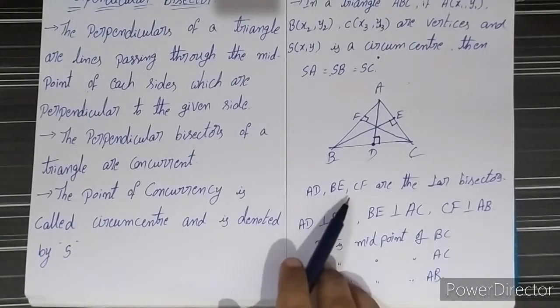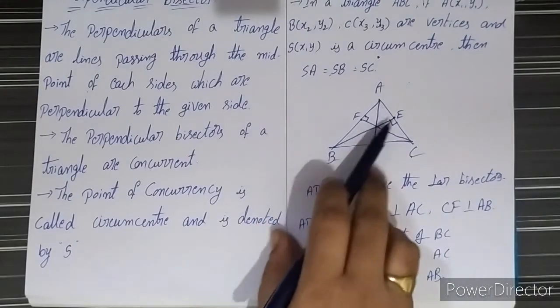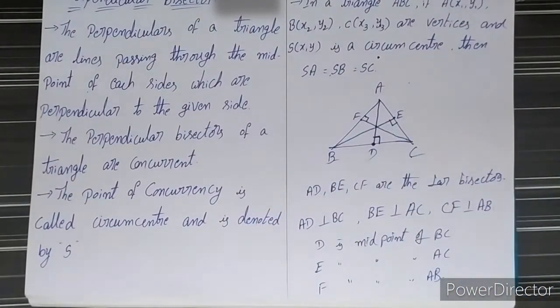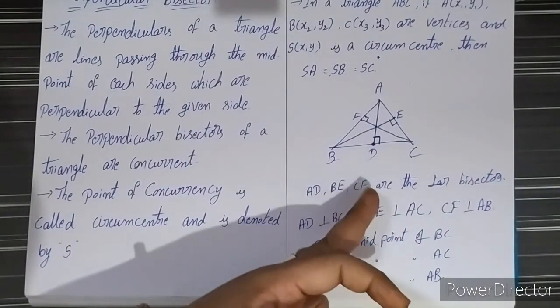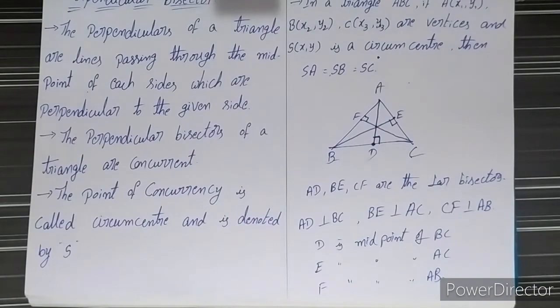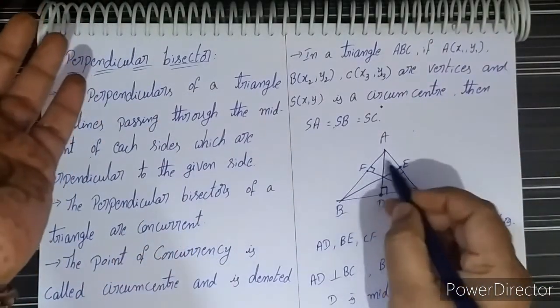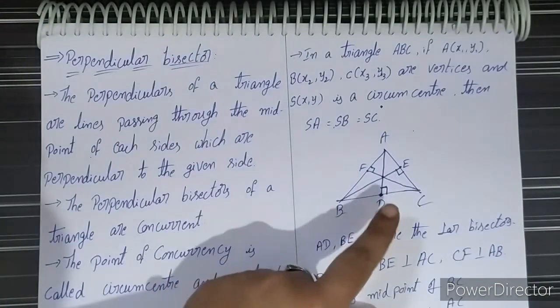Here AD, BE, CF are the perpendicular bisectors. These bisectors are perpendicular to the opposite sides and pass through the midpoint of the opposite sides. Then these three perpendicular bisectors also intersect at the same point.